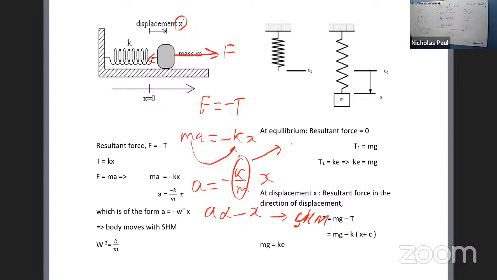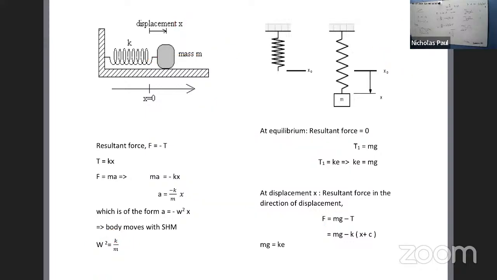Since the object has simple harmonic motion, this here is equal to omega squared. How come? Look at the formula there. a is equal to minus omega squared x. So that means that omega is the square root of K on m. Are you okay with that? Just look at everything in the notes.